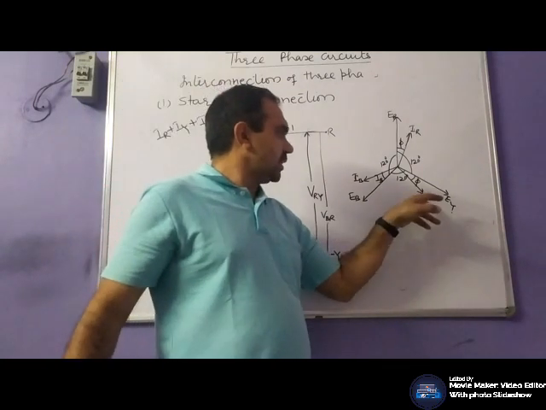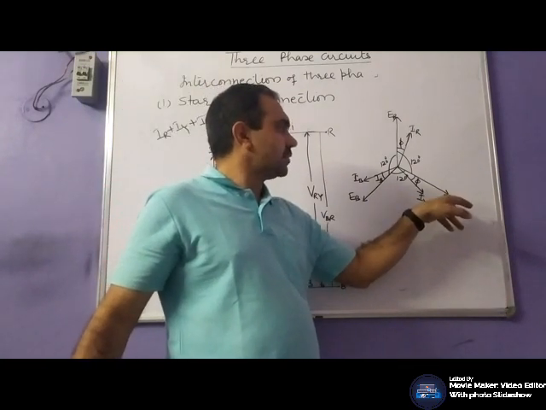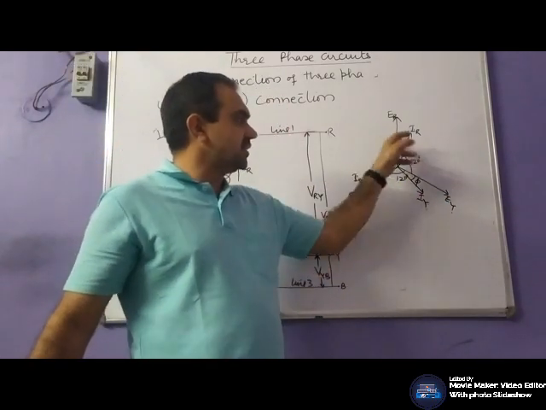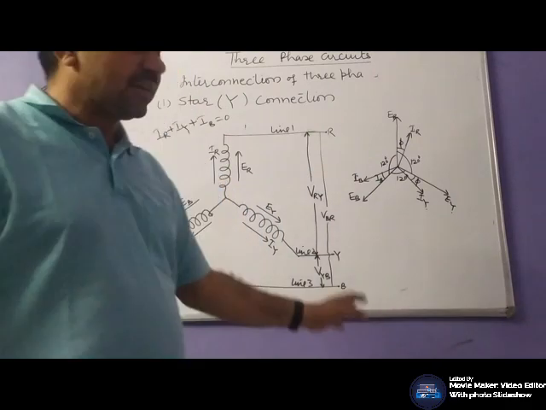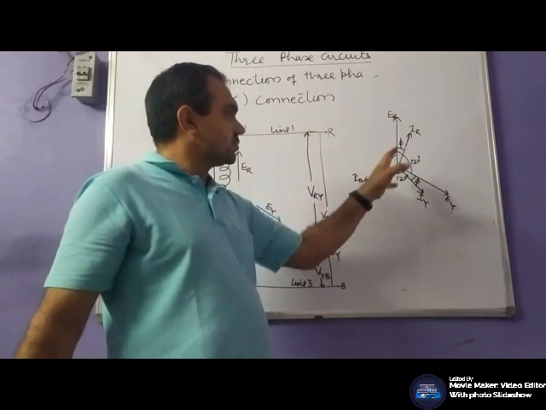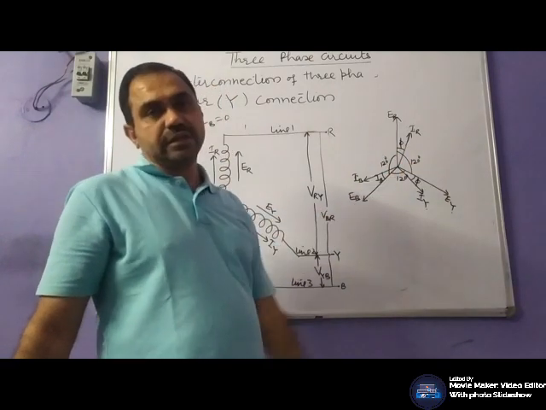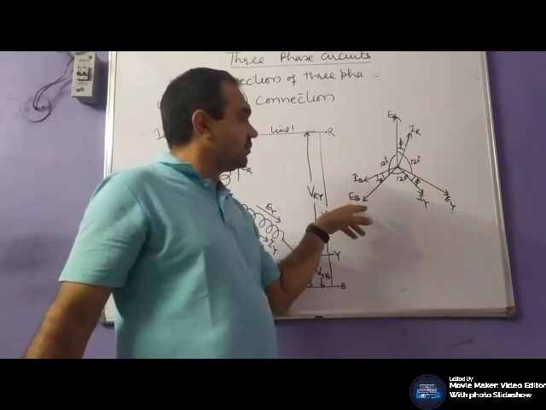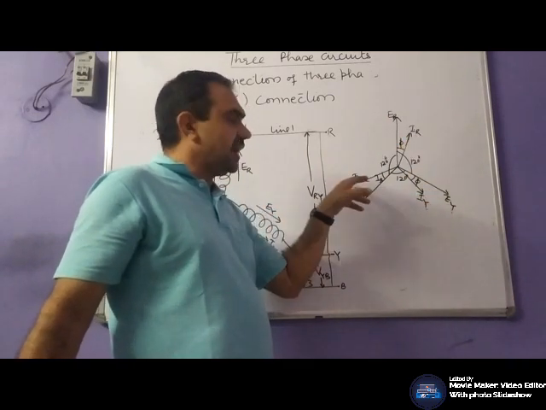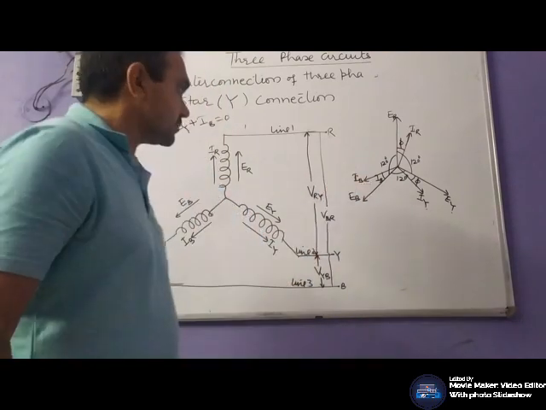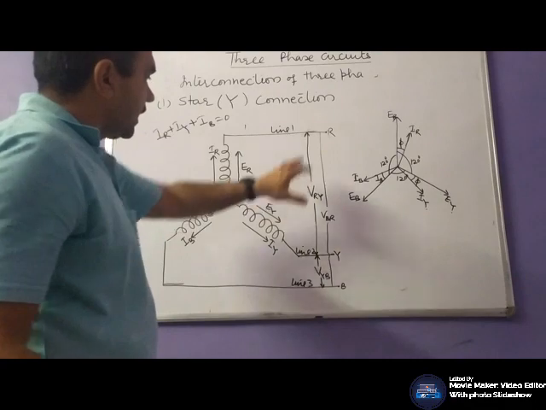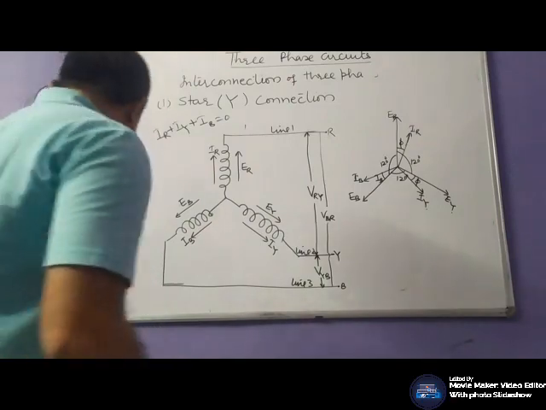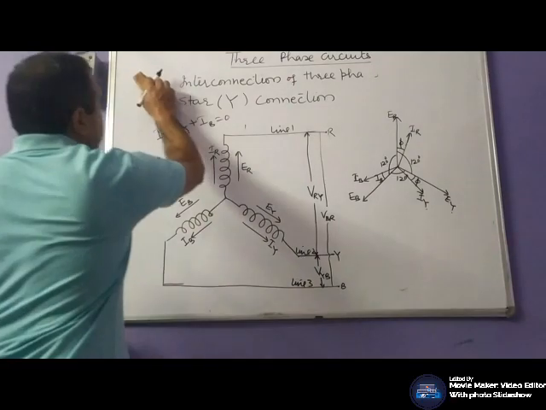IY lags the applied voltage or generated EMF EY by angle phi. So if the phase voltages are displaced by an angle of 120 degree, their corresponding phase currents would also differ by 120. So here ER, EY and EB are the phase voltages, IR, IY and IB are the phase currents. Let us discuss the relationship between these line voltages and phase voltages in the case of star connection.